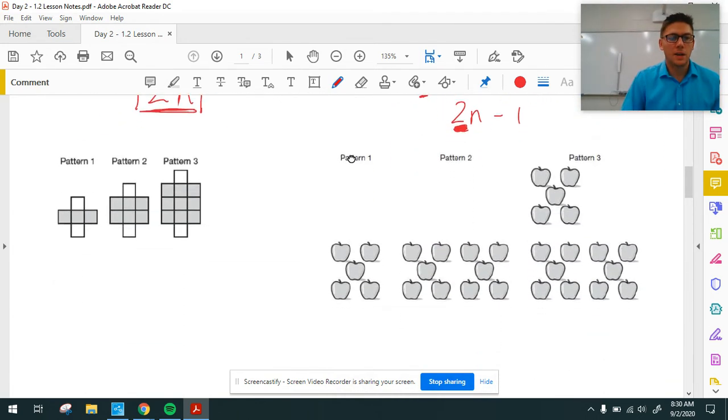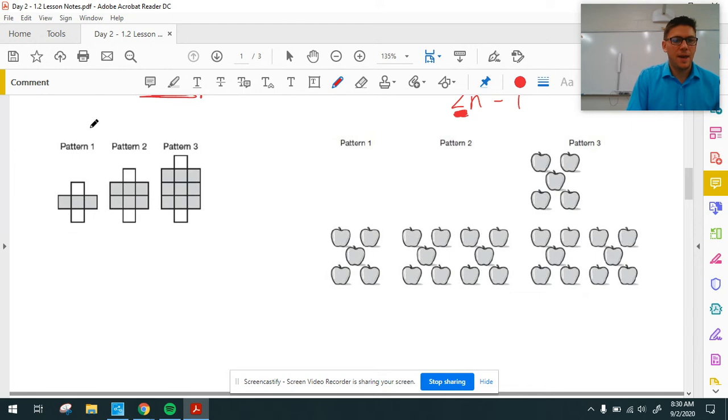Okay? Continuing here, let's see what we have. Let's try to do this one more geometrically, looking at the shape. We did the first two by counting the numbers. Let's take a look at the shape here. Pattern 1 has a set of 3. Pattern 2 has 2 sets of 3.